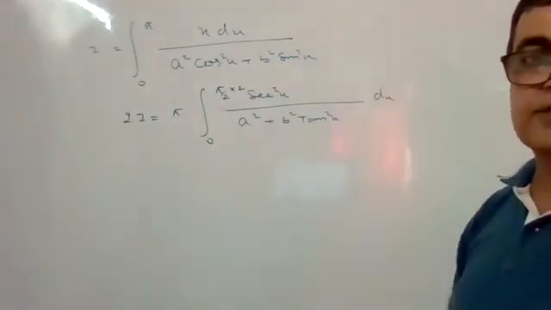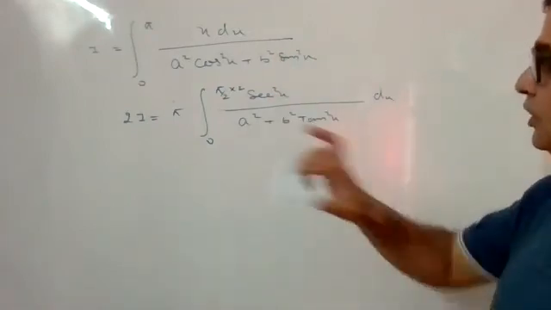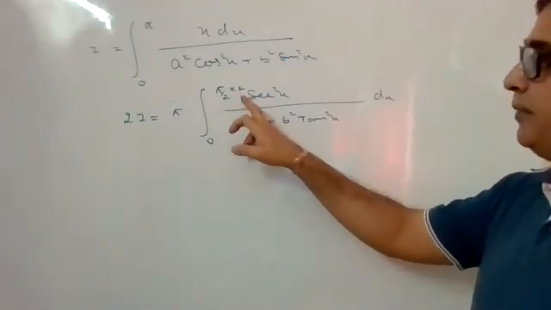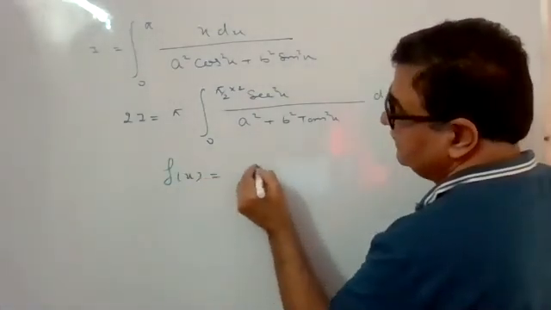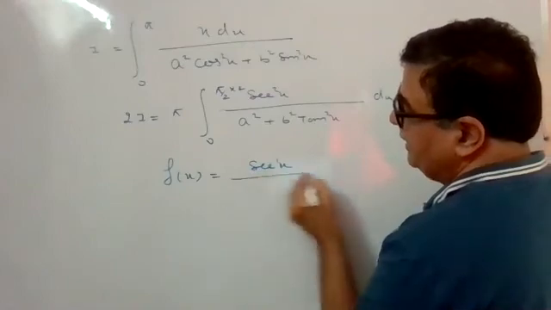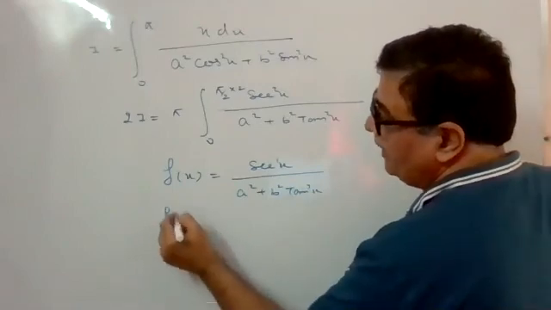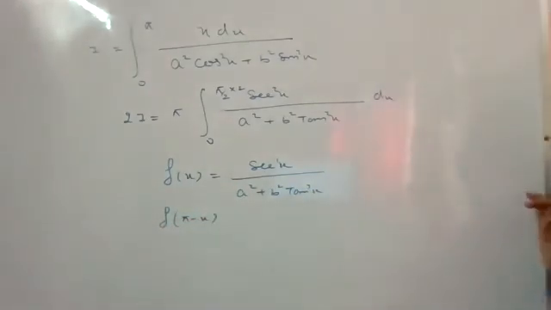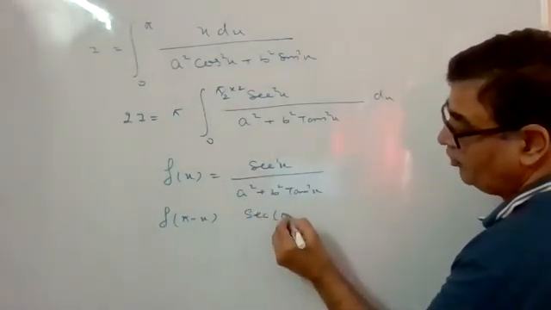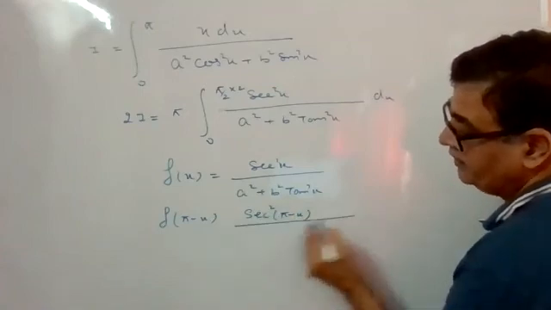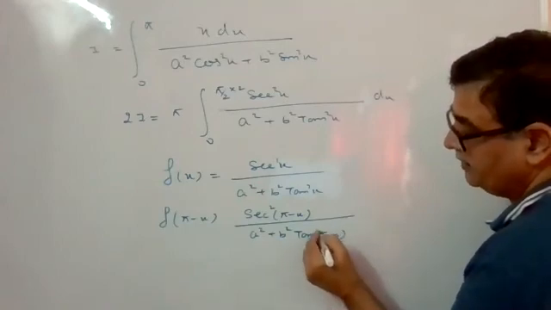The assumption we made initially failed, so I have cancelled it, because the limit is going from 0 to 0. Now I have taken this function as 2, it was pi, so we have written 2 into pi by 2. When you have f(x) as sec square x by a square plus b square tan square x, then when you calculate f(pi minus x), what will it come? Sec square of (pi minus x) by a square plus b square tan square of (pi minus x).